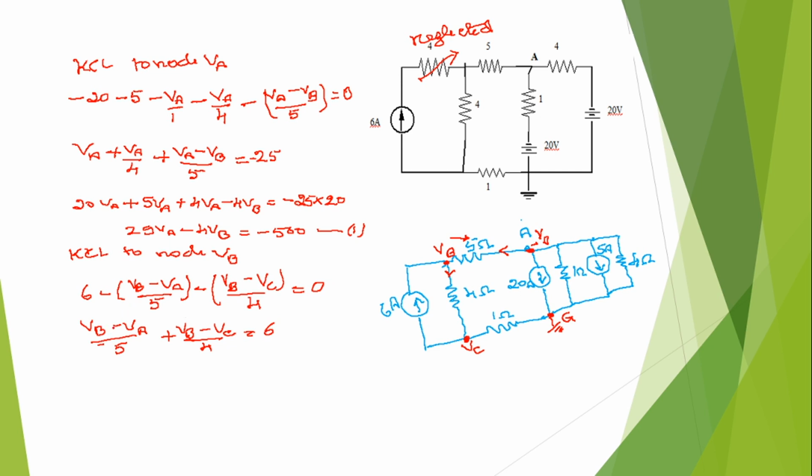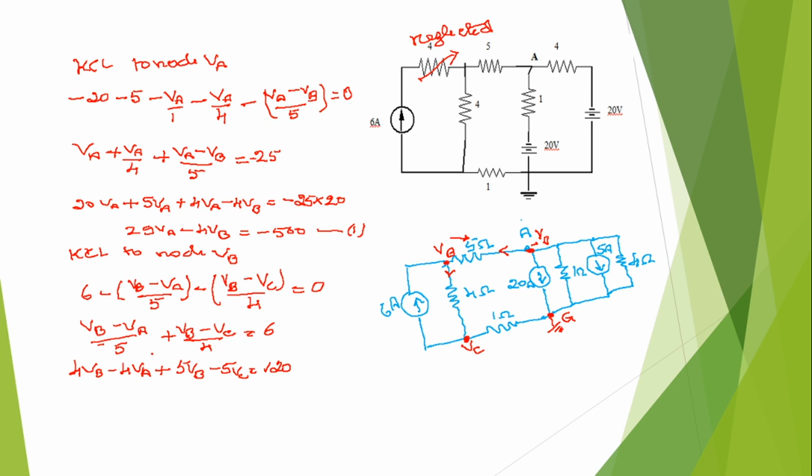Take an LCM and take to the other side. LCM of 4 and 5 is 20. So what happens is 4VB minus 4VA plus 5VB minus 5VC equal to 120, 6 into 20.